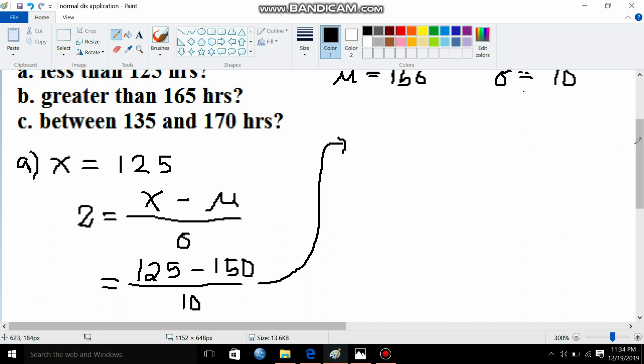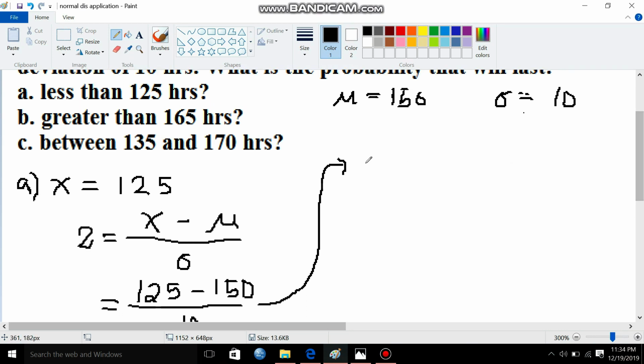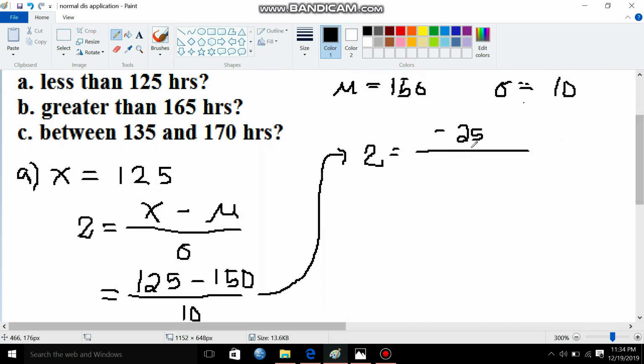So our Z will be negative 25 over 10. We simply subtract the two numbers, giving negative 25, and then copy 10.